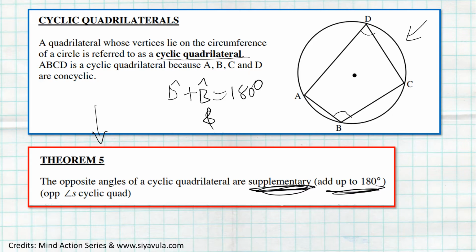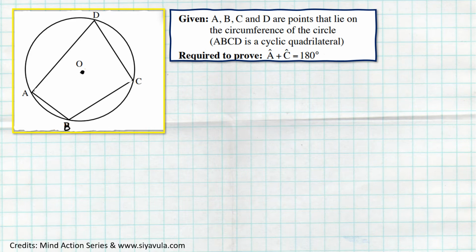And also angle A is opposite to angle C, so angle A and angle C will add up to 180 degrees. The reason: opposite angles of a cyclic quad, because we know that they are supplementary. Very, very important. Let us now learn how we can prove this theorem.